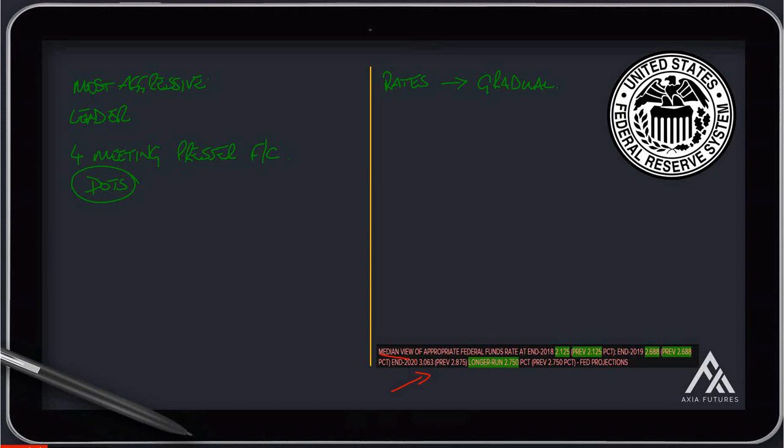Key areas outside of the dots that you want to be looking at. The Fed will use reference to 12-month inflation, risks to the outlook, and monetary policy stance. This is crucial.